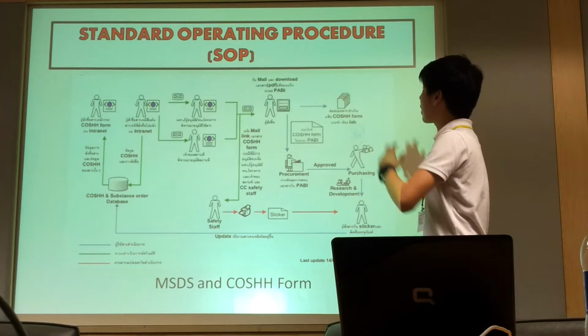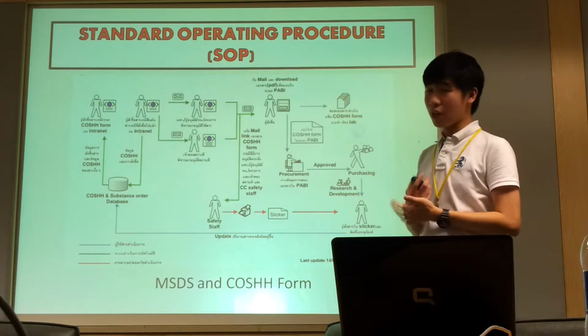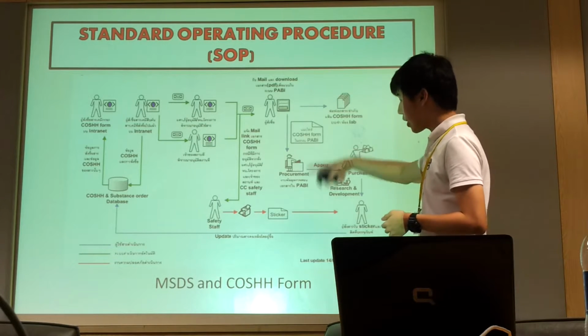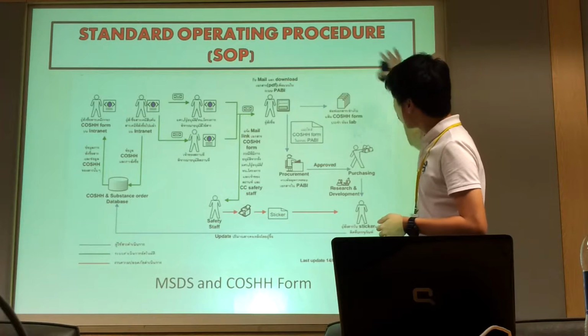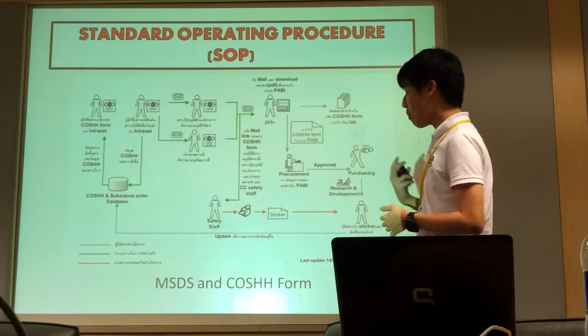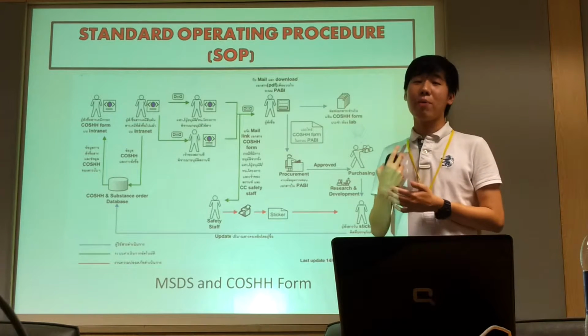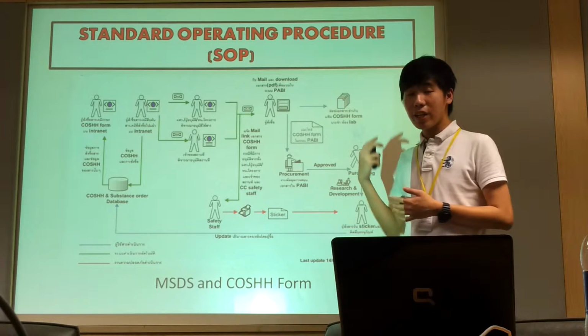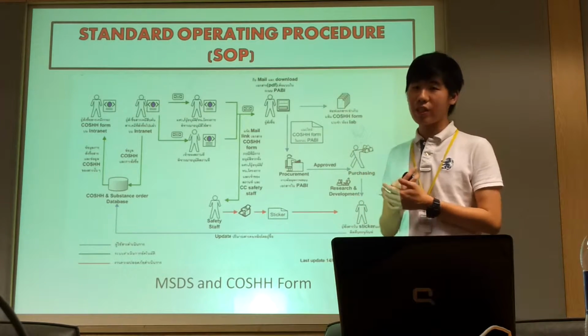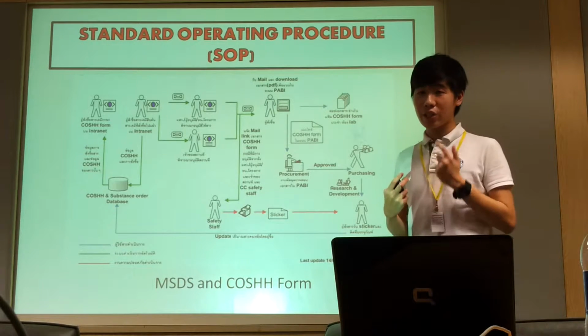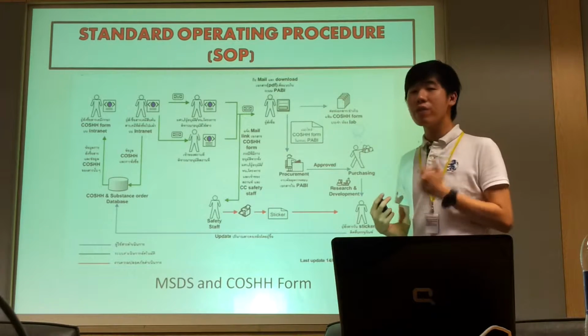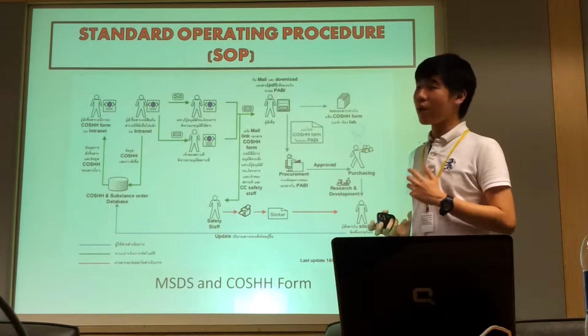The next is the standard operating procedure, the SOP of the company. This is actually the overall work program for the MSDS and COSHH form. What is MSDS? MSDS is actually the material safety data sheet, and of course the COSHH is the control of substances hazardous to health.